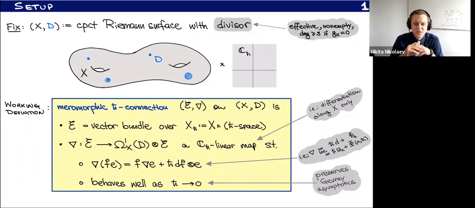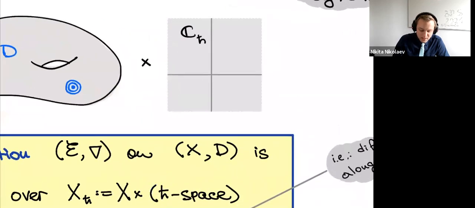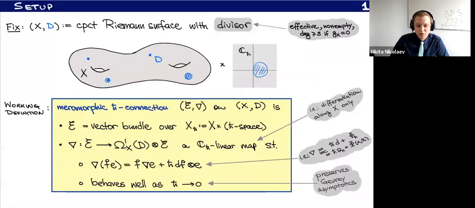Then this correspondence is only going to be defined in certain sectors in the h-bar plane. So when I say h-bar space, I am implicitly picturing working in some kind of sectorial domain like this, where the radius of that sectorial domain I'm not fixing. So it's really a germ of these things.